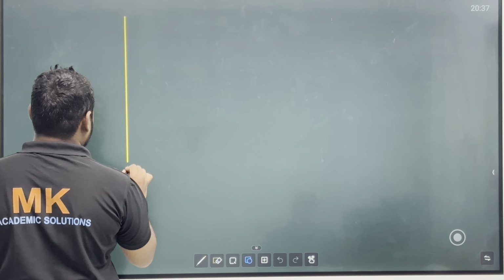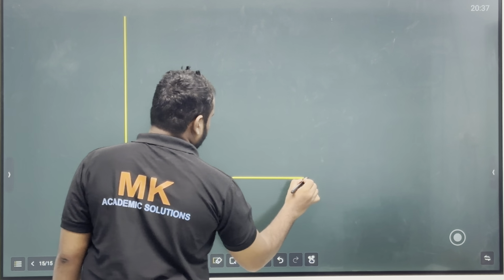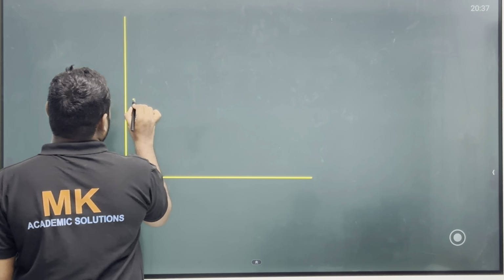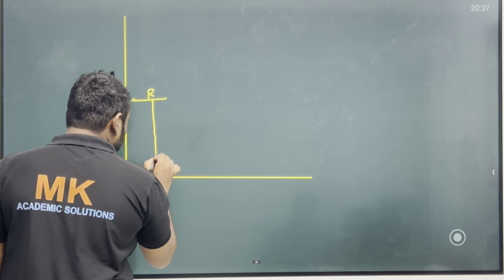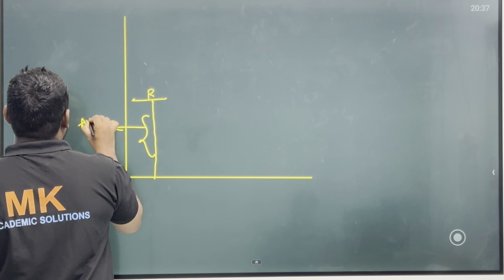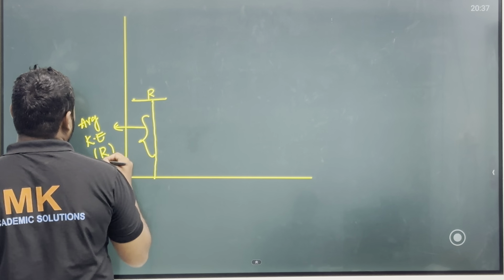Okay. So now let us take one more graph like this. Here I am going to take the reactant. We know this is what, children? Average kinetic energy of reactant.